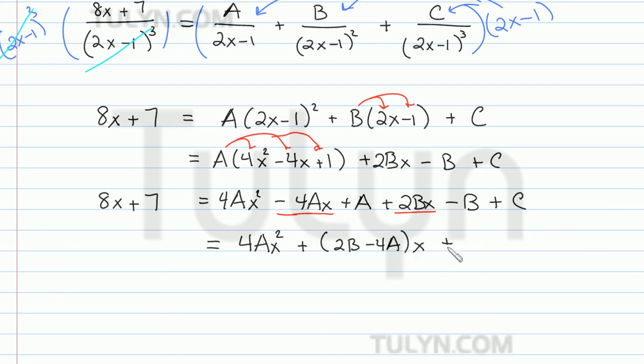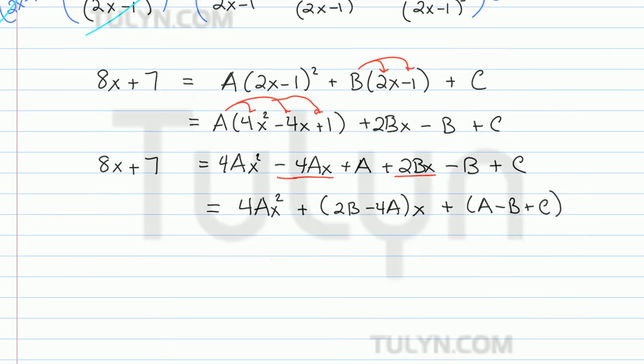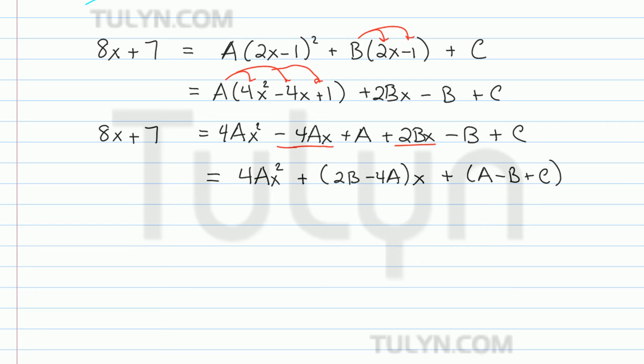And for the constant terms, we get A - B + C. Now we get to solve. Since there's no x^2 term on the left side of the equation, this x^2 term has to be equal to 0. So 4A has to be equal to 0, so A must be 0.